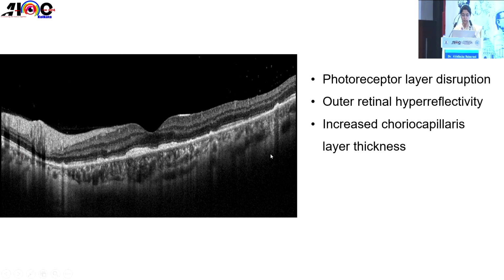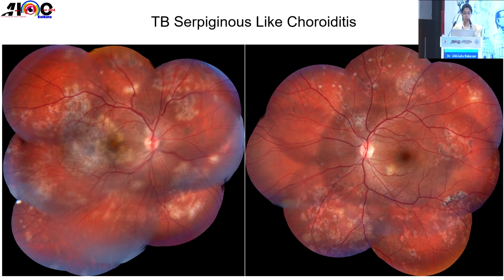On the OCT, the photoreceptor layer is disrupted, there is outer retinal hyperreflectivity, and there is localized increased thickness of the choroid. This is the follow-up of this patient, and progressively you see reperfusion of the choriocapillaris slab, and regeneration of the outer retinal layers with treatment with immunosuppressives.